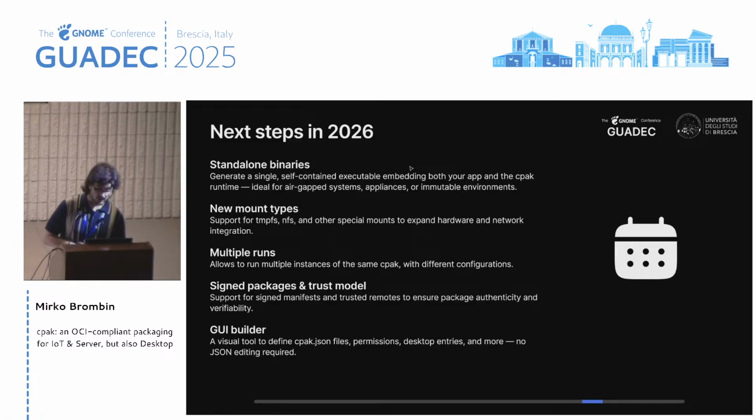We want to allow for signed packages and a trust model. Since it's decentralized, and of course the cpaks already live inside the same Git repository where your source code is available, we want to try to certify the images.